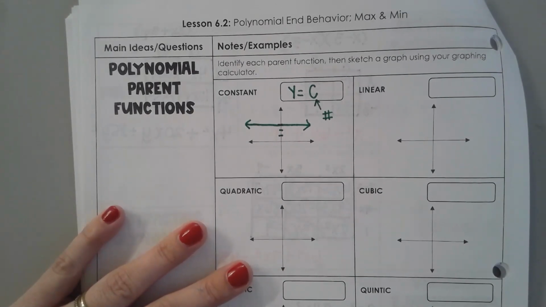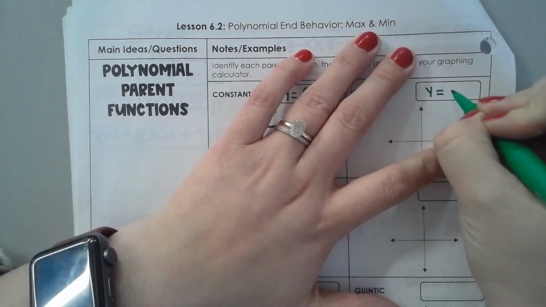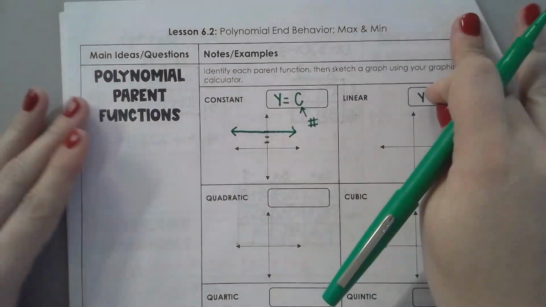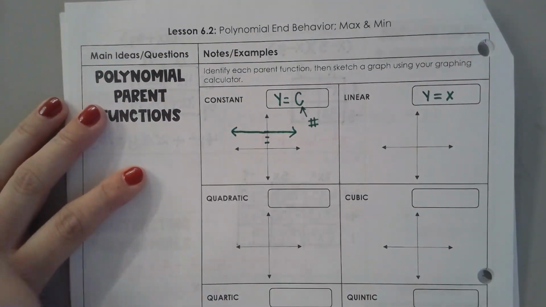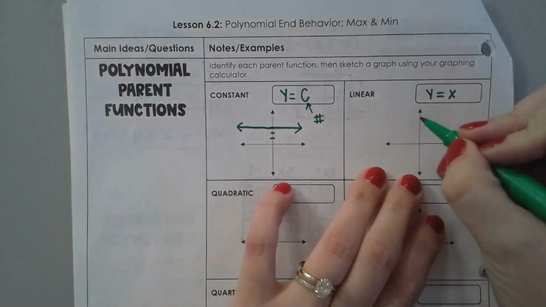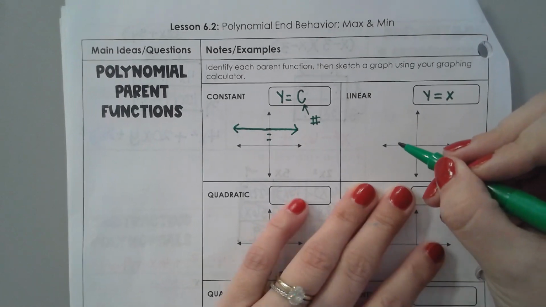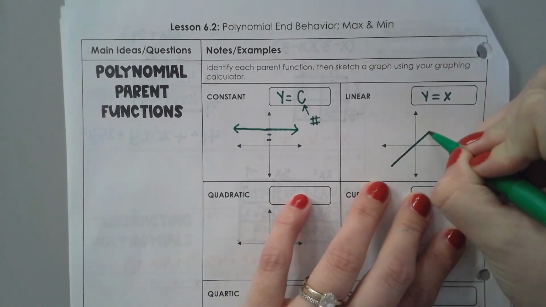If the degree is 1, so y equals x, that's a linear graph that forms a straight line, and the parent function, just plain old y equals x, not 5x minus 2, just y equals x, looks like this.